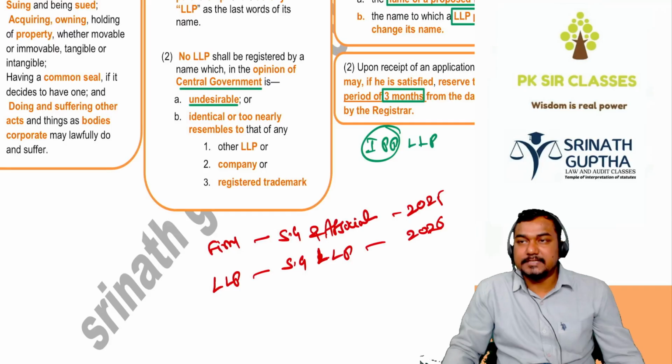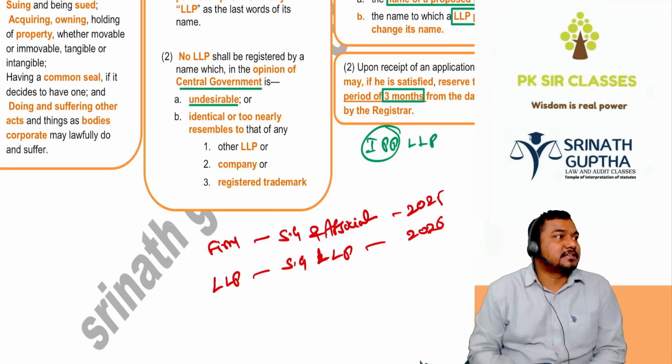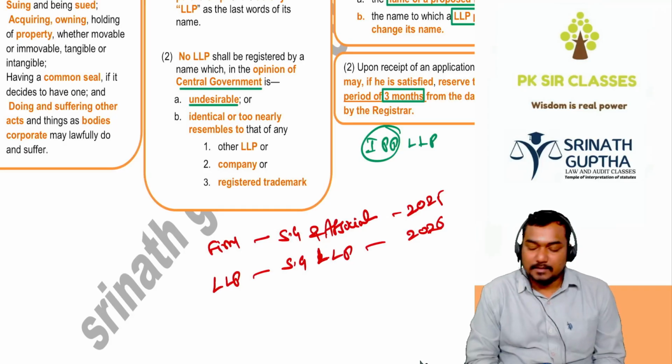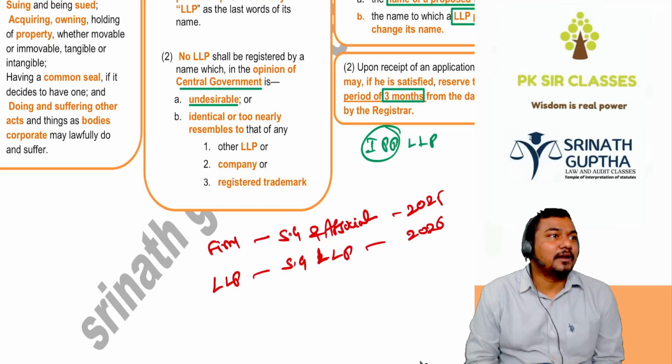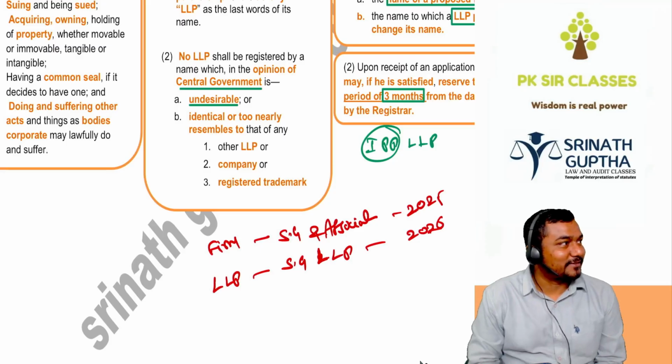SG and Associates is there. It was there earlier. Now a new LLP is registered with the name SG LLP. Both are the same, SG. Allowed or not allowed? If it is not allowed, why would I ask?